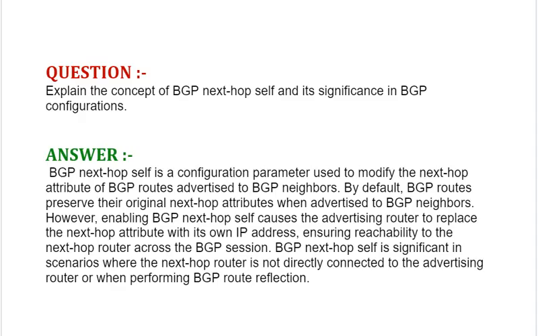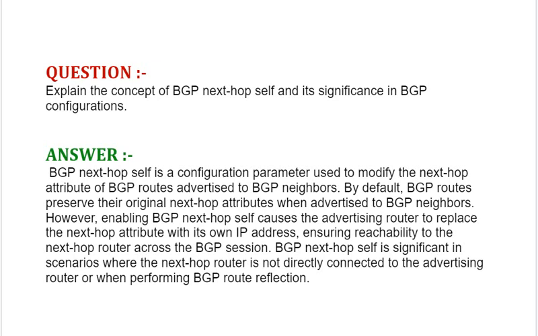Our interview question based on Service Provider Advanced Routing Solutions is: explain the concept of BGP Next Hop Self and its significance in BGP configurations. Your answer should be: BGP Next Hop Self is a configuration parameter used to modify the next hop attribute of BGP routes advertised to BGP neighbors. By default, BGP routes preserve their original next hop attributes when advertised to BGP neighbors.